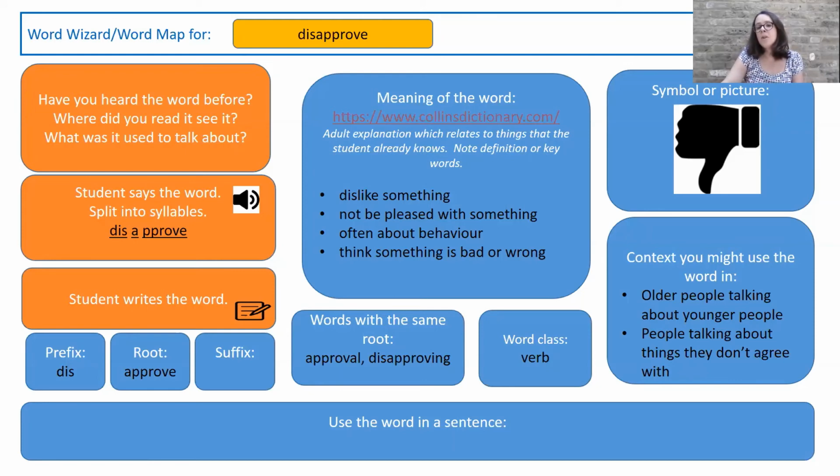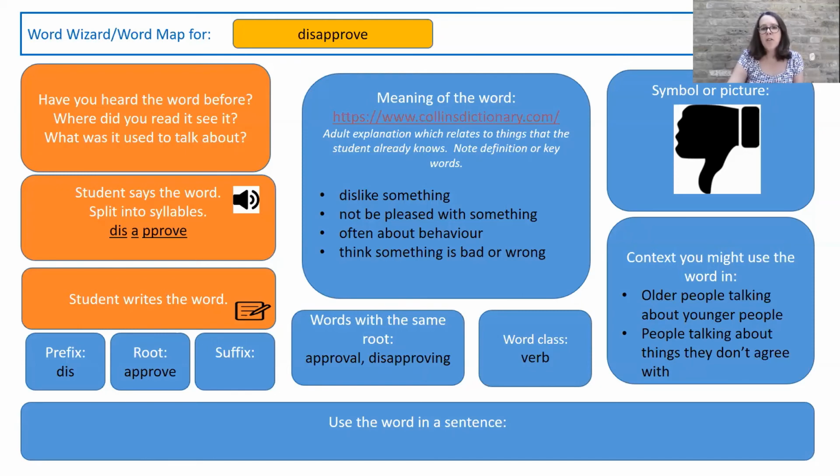And so if people are talking about things they don't agree with, so it could be politics, it could be all sorts of behaviours that people don't like. And so you could encourage them to think about that, maybe think about a story that they've read where there was some disapproval of behaviour.